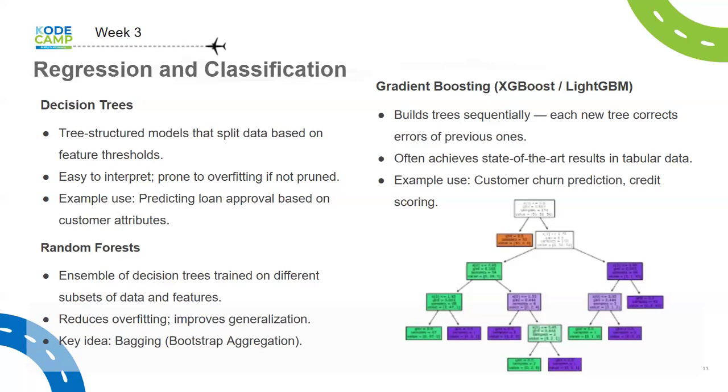So you have other models and approaches. We are going to talk about some of them. The first one is the decision tree. We'll go into a bit of detail on how decision trees work and the principles for them. But a decision tree, think of it like a flowchart. That's basically what it is. It's a model that follows a tree structure. It splits the data based on feature thresholds.